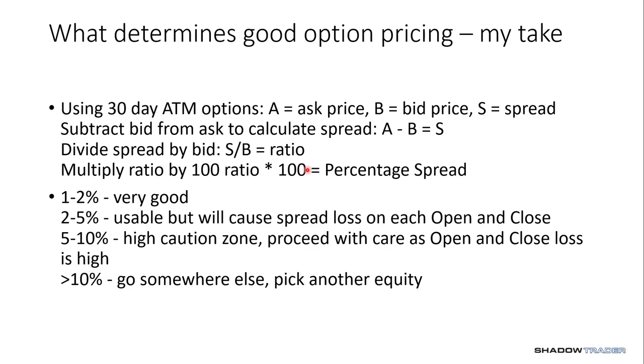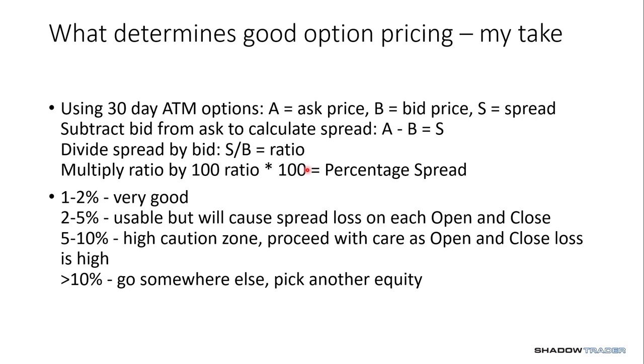That means that if you made a mistake and turn around and sell it right away, you don't get a big hit. If it's a 2 to 5% differential, so if that bid-ask spread is 2 to 5%, it's still a good one. It's usable. You can deal with it. You can make money on it. If the differential goes from 5 to 10%, it's in the caution zone.